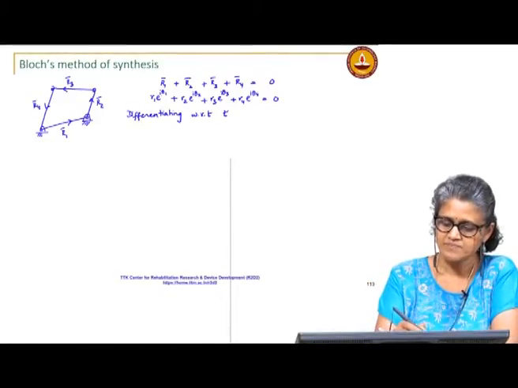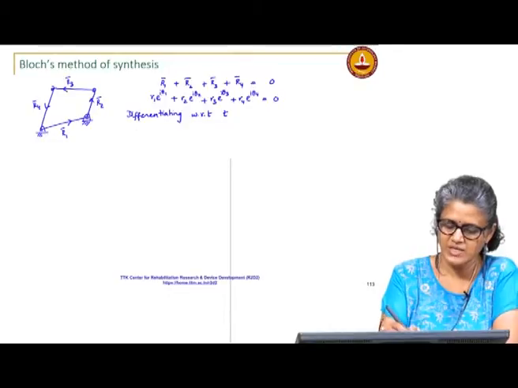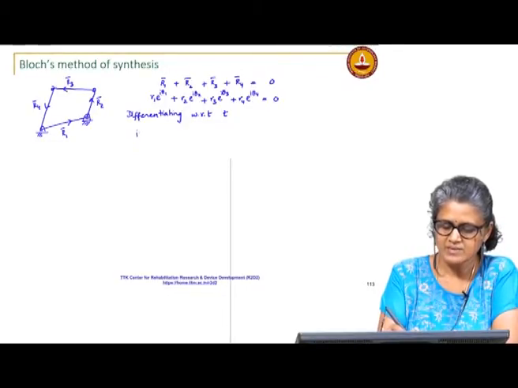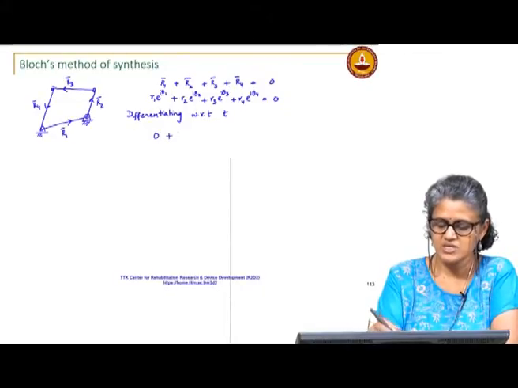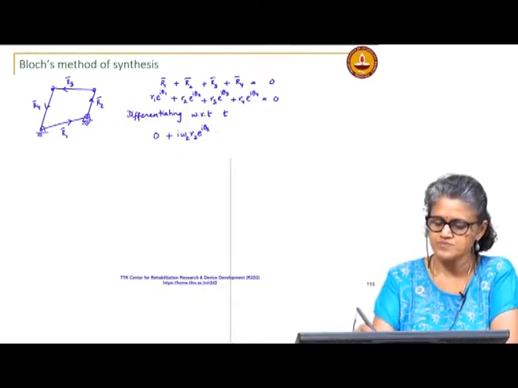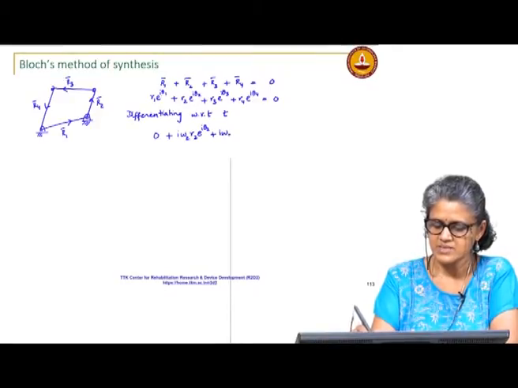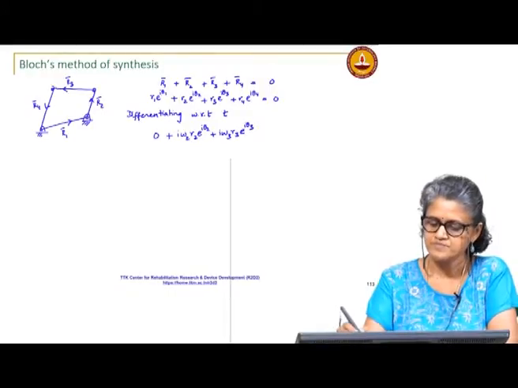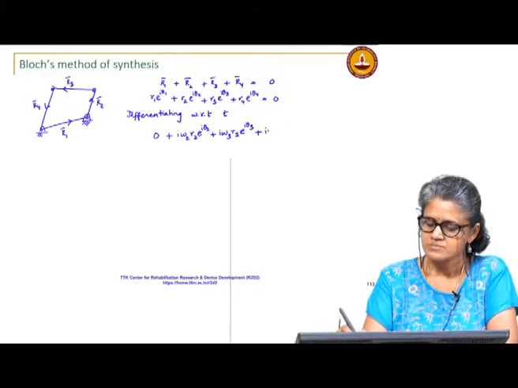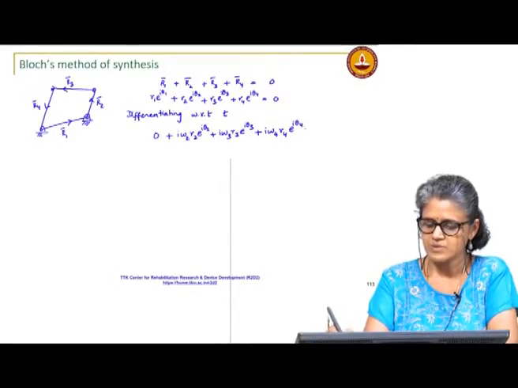So, differentiating, I get i omega 1, obviously the first term will be 0, r 1 does not change. So, I get i omega 2 r 2 e power i theta 2 plus i omega 3 r 3 e power i theta 3 plus i omega 4 r 4 e power i theta 4 equal to 0.